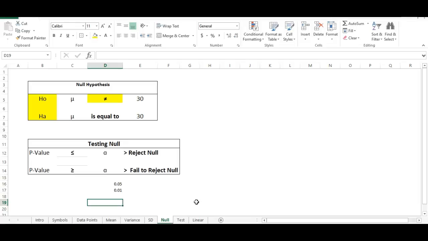So if we believe the mu of our population is 30, we state the null as follows. H0, our mu, is not equivalent to 30. We always start with the negative. Null for no. Null for no. Then we state the alternative, which is mu is equal to 30, just what we started with in the beginning. This is our null hypothesis.